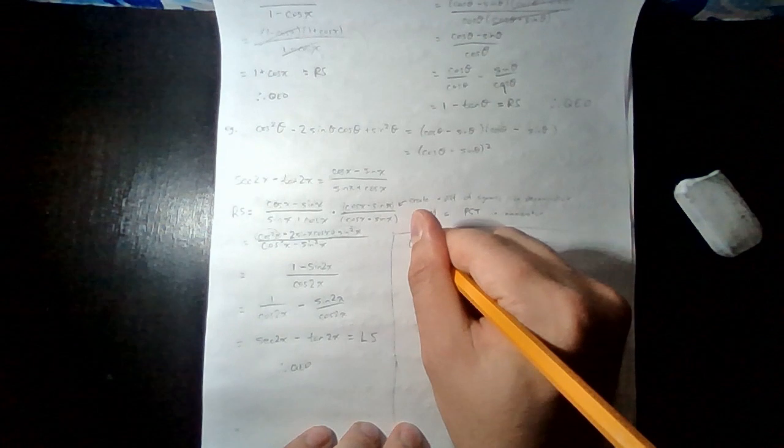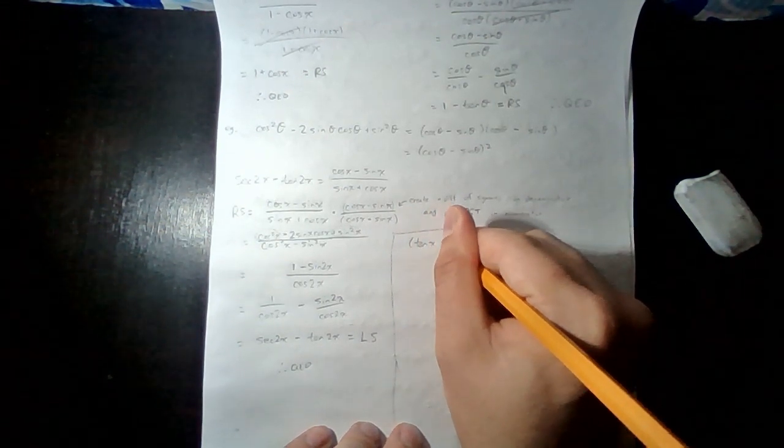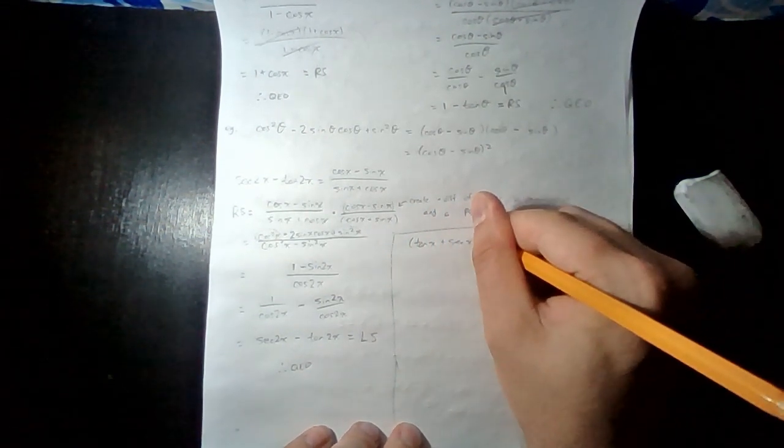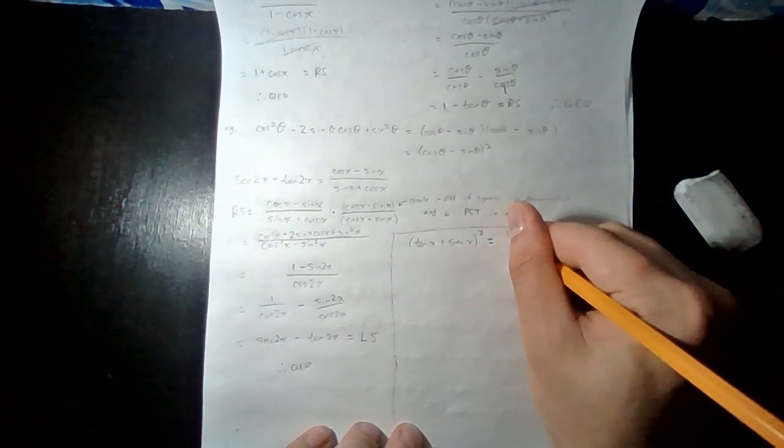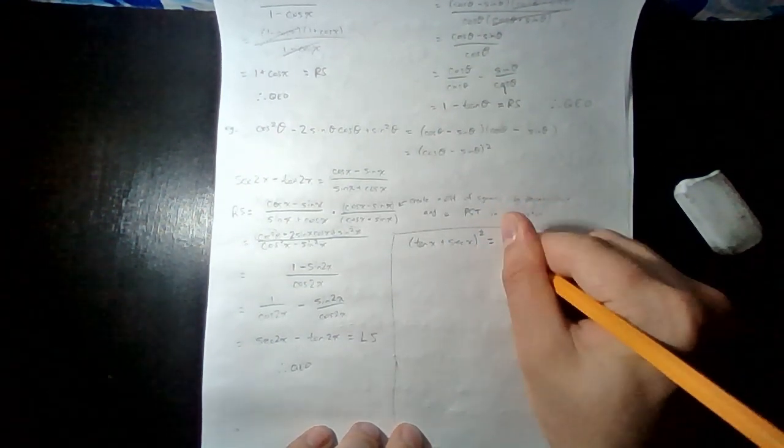Tan x plus secant x squared equals 1 plus sine x over 1 minus sine x. Again, we have two pieces that are a little more complicated.